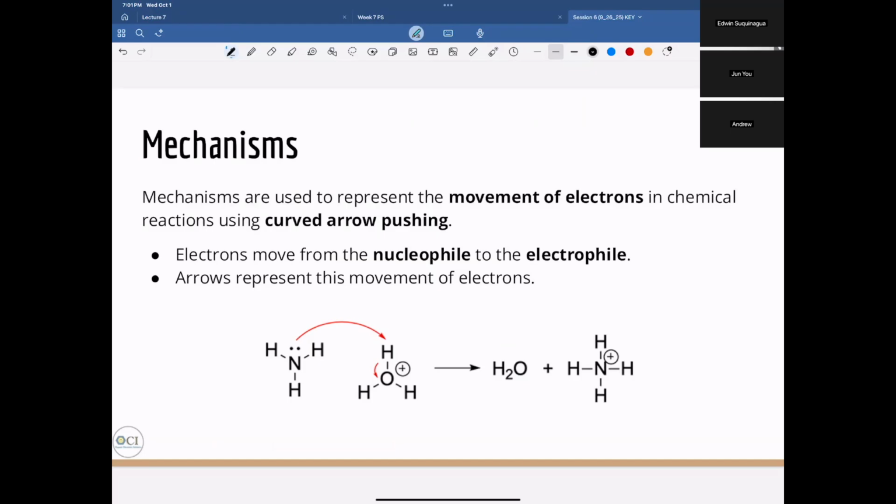Nucleophiles are electron rich, electrophiles are electron deficient. In the example on the bottom, this ammonia group has a pair of electrons that it can donate, so this would be the nucleophile and this would be the electrophile. And we show this through these arrow pushing mechanisms.